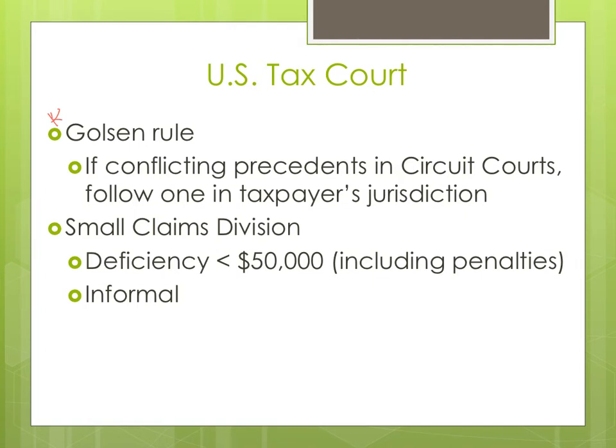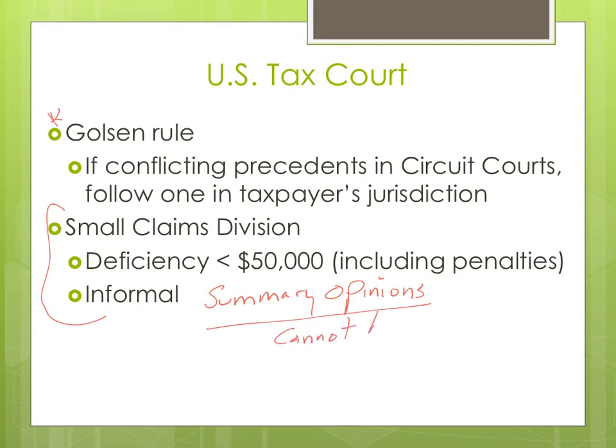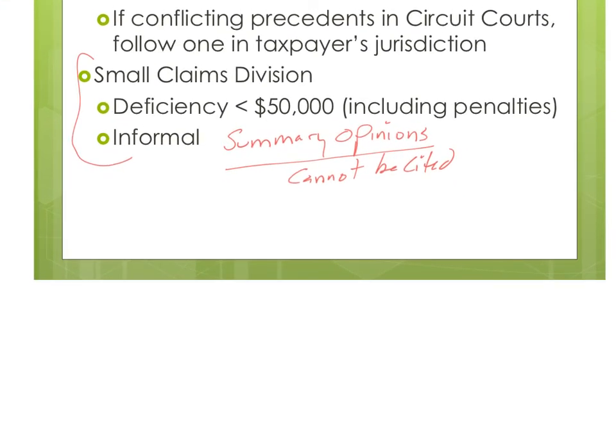These small claims decisions are issued as summary opinions, and these summary opinions cannot be cited. So that's important to remember as well. As you can see, there are lots of nuances with tax research.